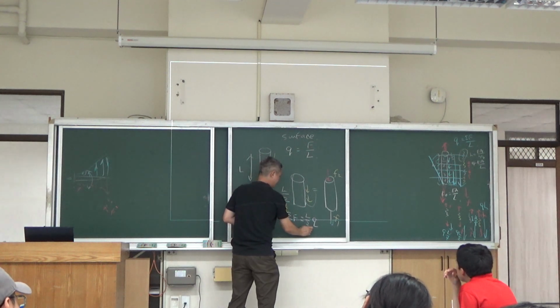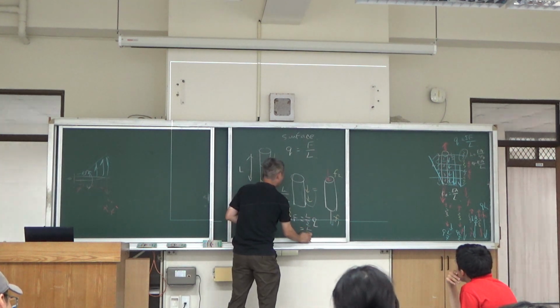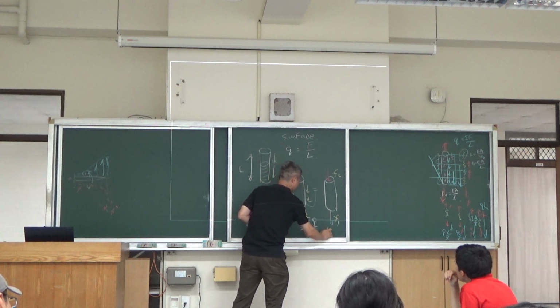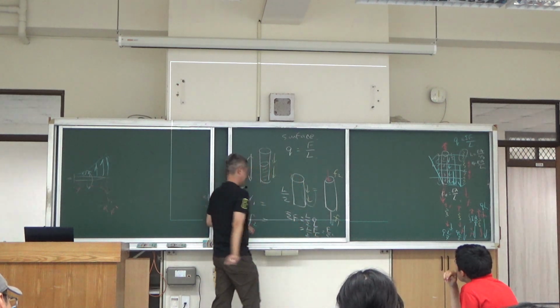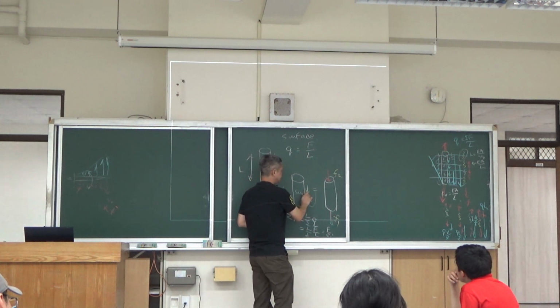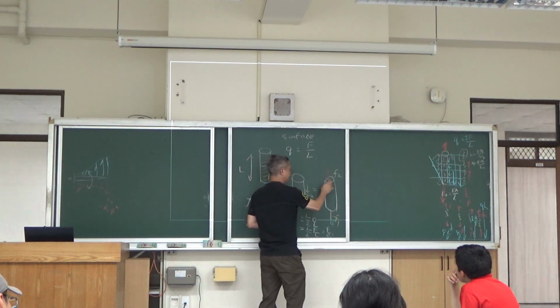This is half of the length times the total force over the full length. This is F over 2. Can you tell me how you turn this surface force into another force?